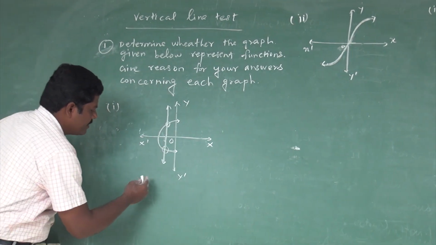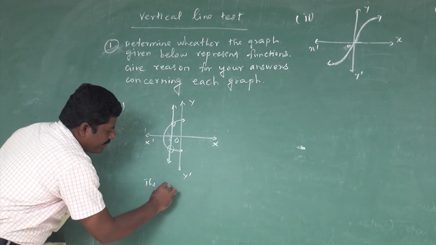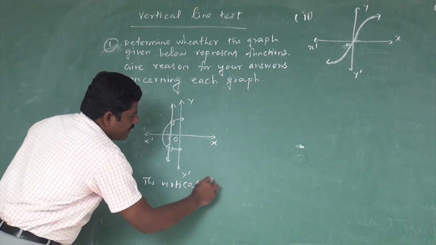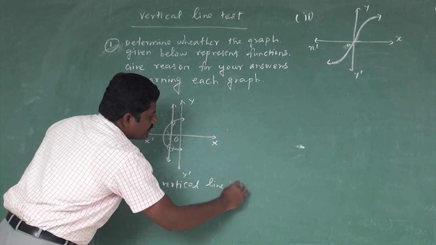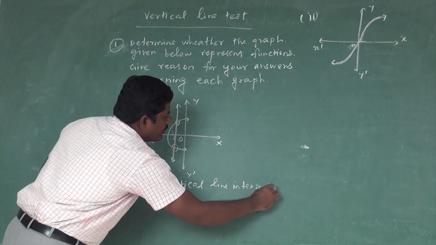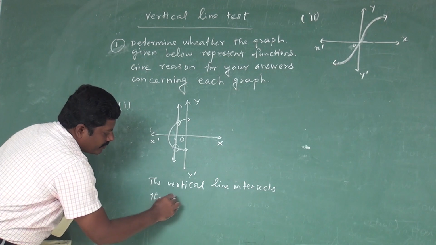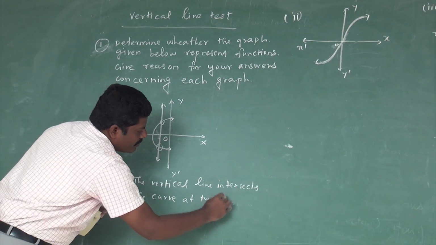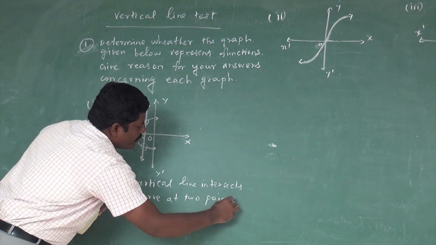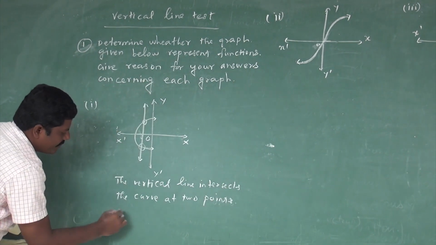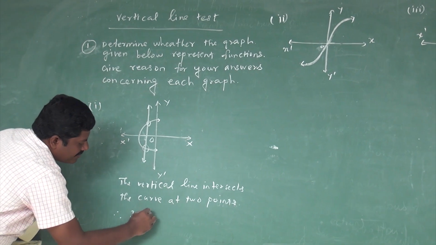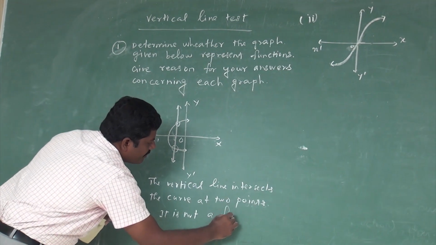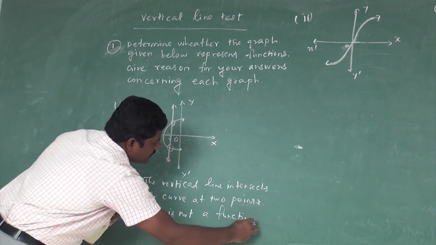The reason is the vertical line intersects the curve at 2 points. Therefore it is not a function.